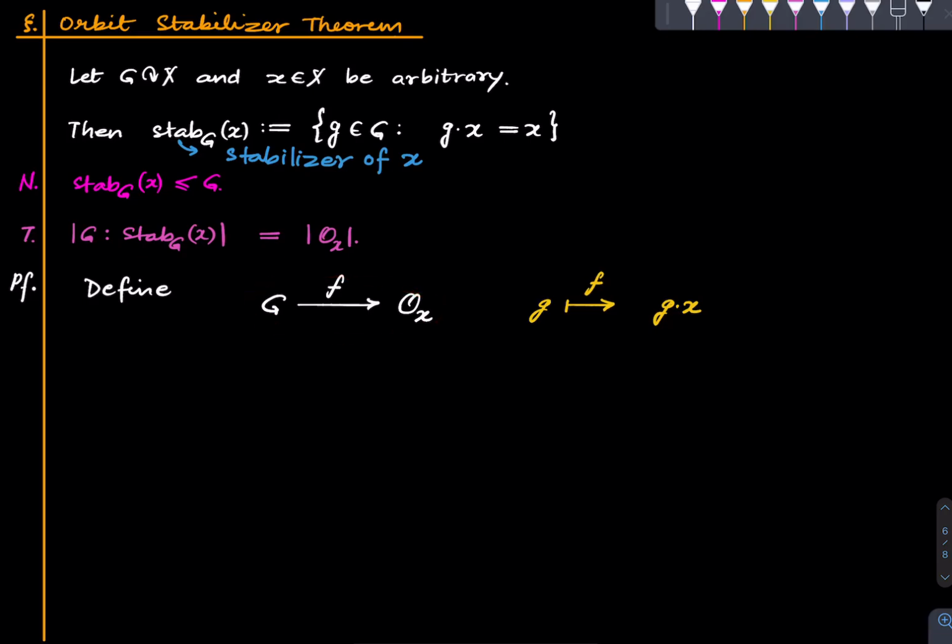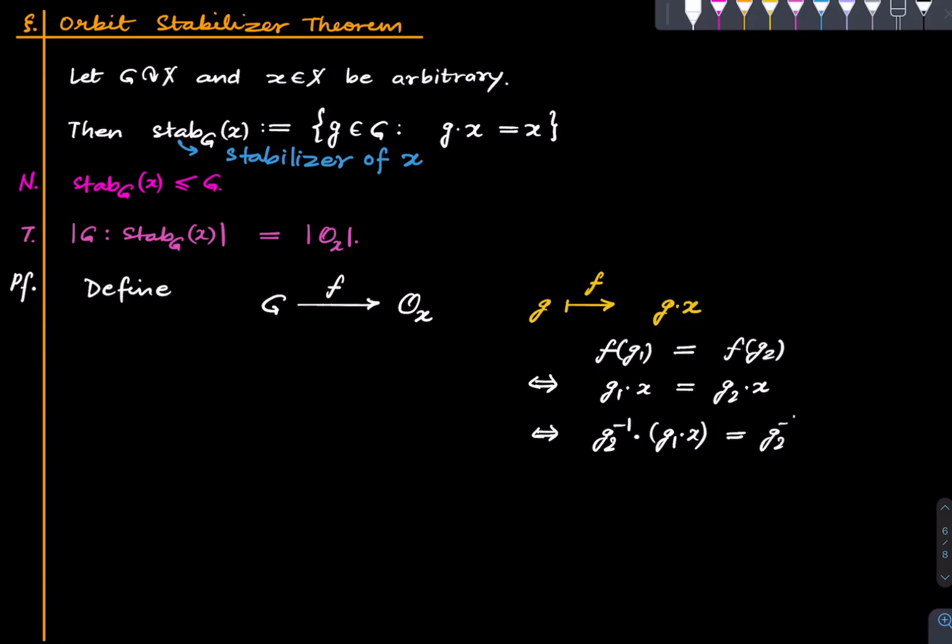Now let us try to find what the fibers of F are. F of g1 equals F of g2 if and only if g1 dot x equals g2 dot x, if and only if g2 inverse dot g1 dot x equals g2 inverse dot g2 dot x, by the rules of action.